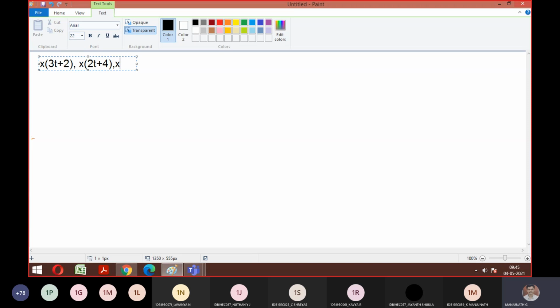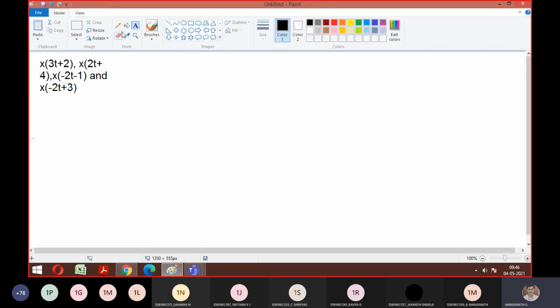Then x of t minus 1. x of minus 2t minus 1. And the last one is x of minus 2t plus 3. So these are the 4 questions they have given, for 10 marks. So 4 categories you're supposed to find.